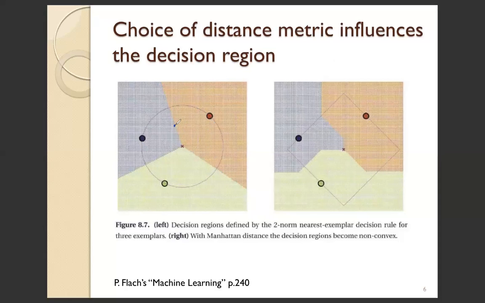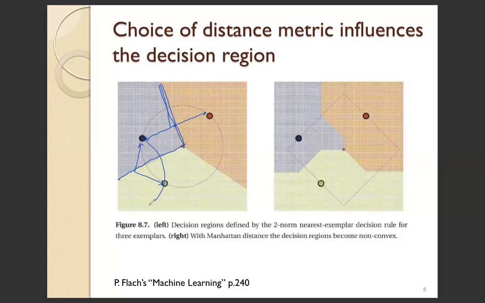If a point is falling on this line, then it's actually a tie, because the distance to this point and this point is the same. If you look at it more carefully, you can see that these points can go to this part and this part equally likely.